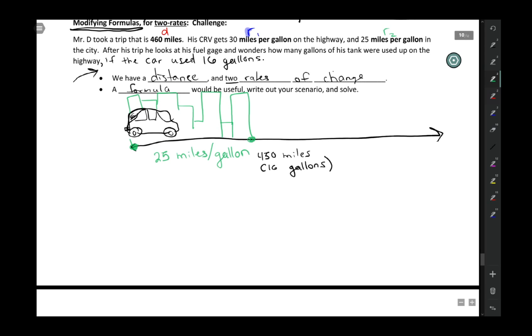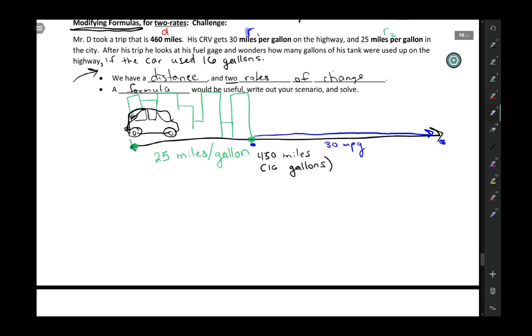From there, I go to the highway, and let's say I travel this distance on the highway. Just smooth sailing, and I get 30 miles per gallon.